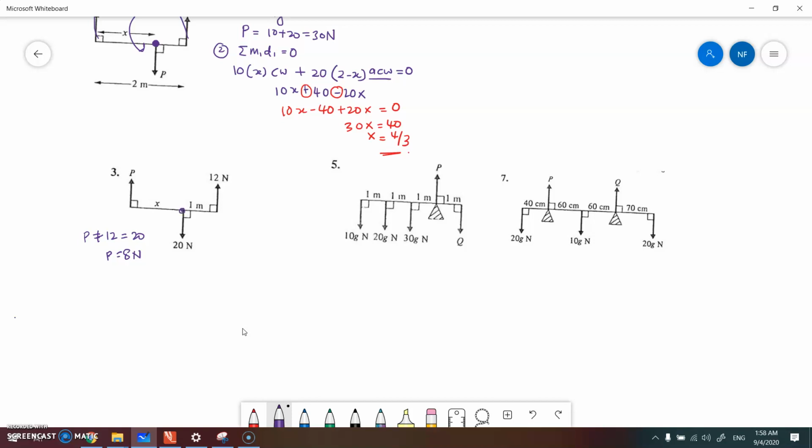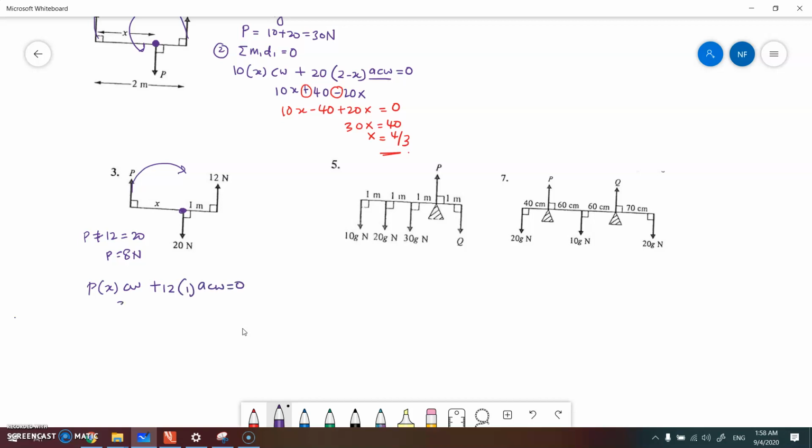And then let's say we use the moment at this point. So P times x, and it moves like this, so it is clockwise. Then you have 12, the distance is 1, so it moves anti-clockwise, so it's equal to 0.